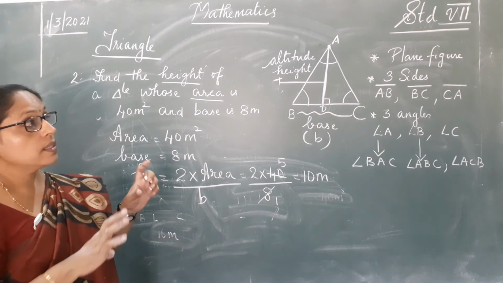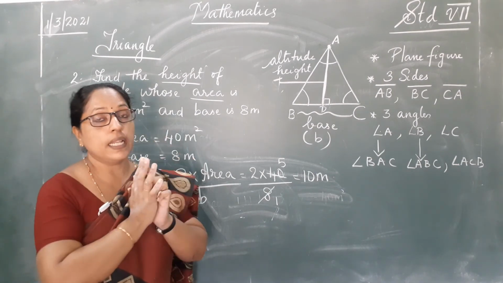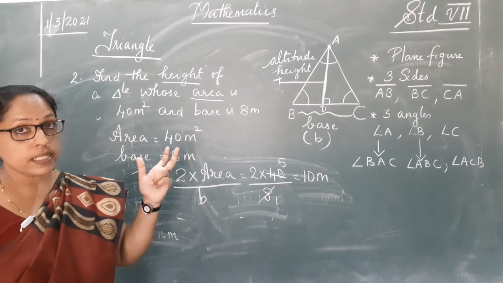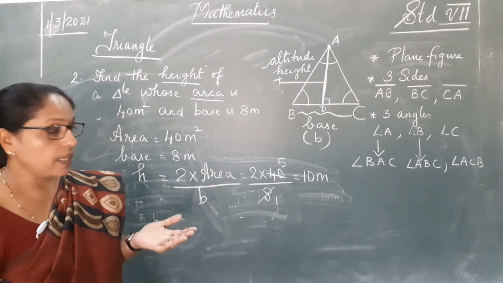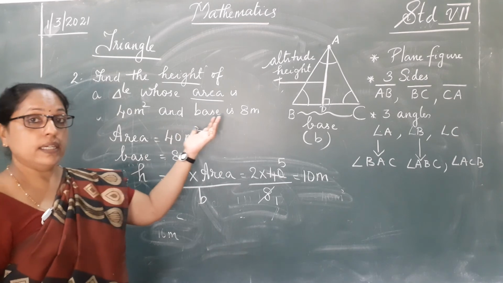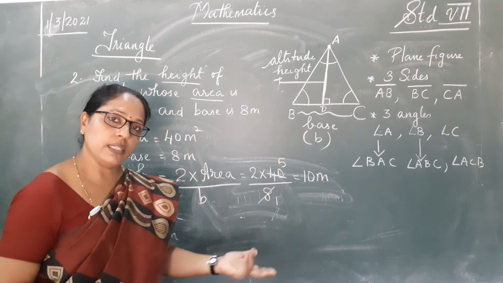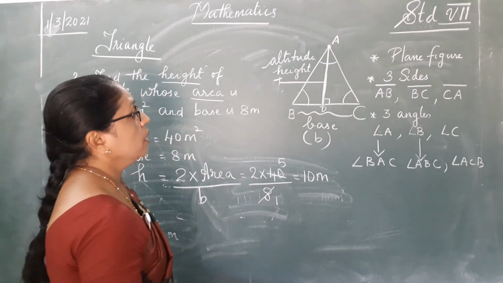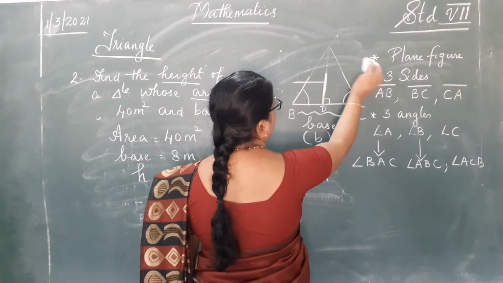So these are the concepts related to triangle: how to find the perimeter, how to calculate its area, how to calculate the height, or the base. Under this topic you have to do the homework.